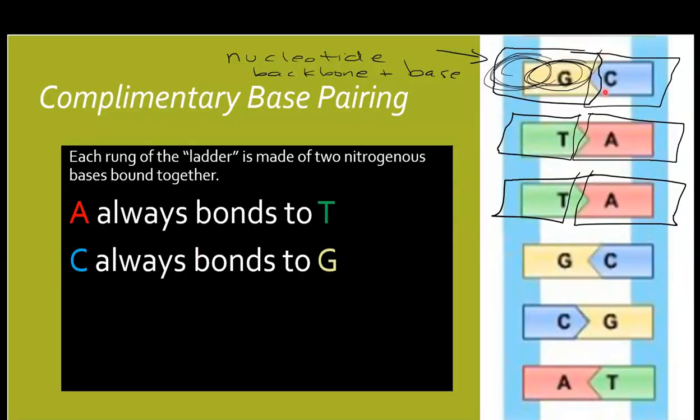That's how he figured out that they paired up with each other. So if there were 500 adenines, there'd also be 500 thymines, and if there were 200 cytosines, there'd also be 200 guanines. So they must go together.